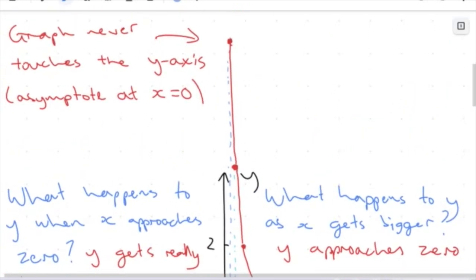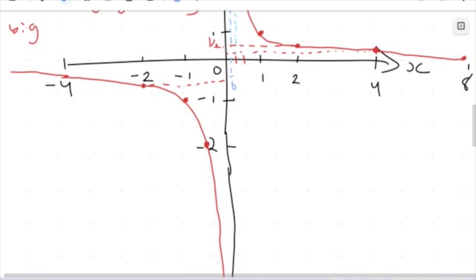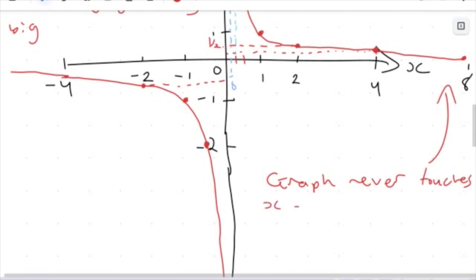So we said the graph never touches the y-axis, so there's an asymptote at x equals 0. But then over here as well, the graph never touches the x-axis, or in other words, the line y equals 0. So these are the characteristics of my hyperbola.